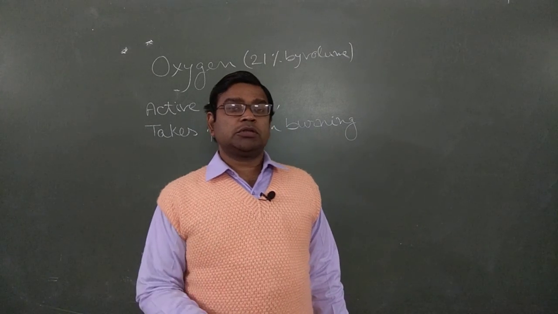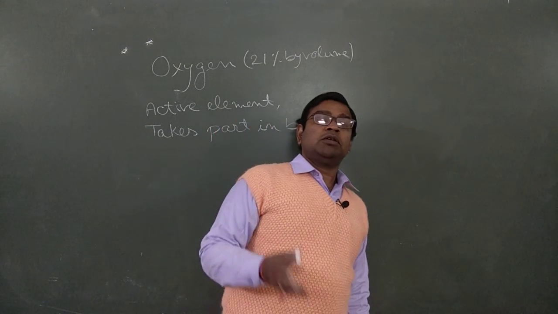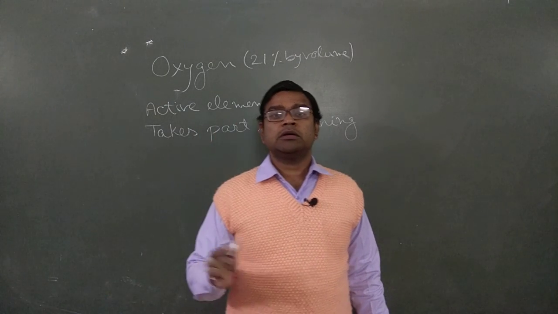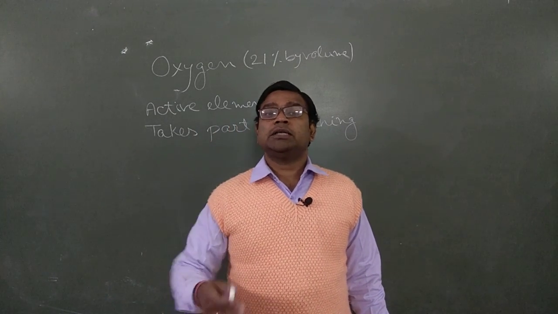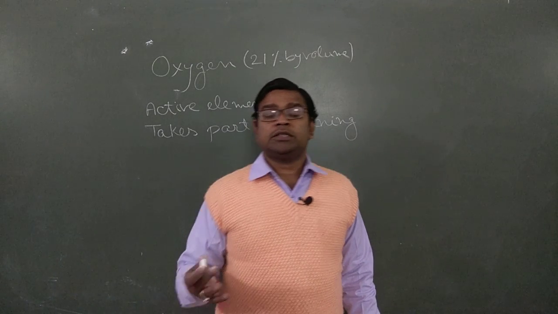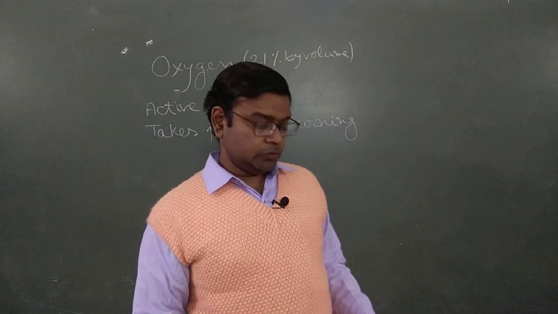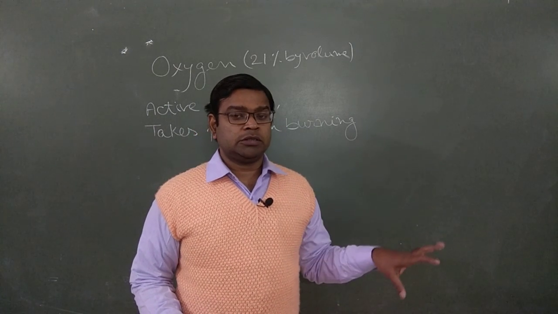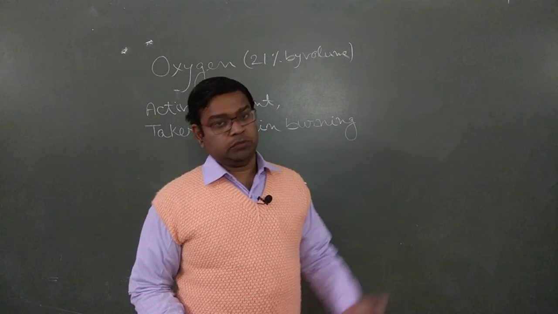If there is pure oxygen, only oxygen, things burn faster, and if there is a mixture or impure oxygen, things burn slower, or sometimes things do not burn if there is a large amount of carbon dioxide and a very small amount of oxygen in the air. So you must remember that the amount of oxygen present in air determines whether things burn faster or slower.